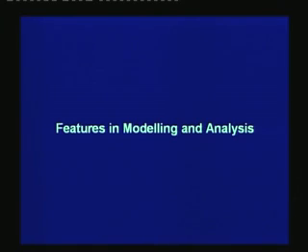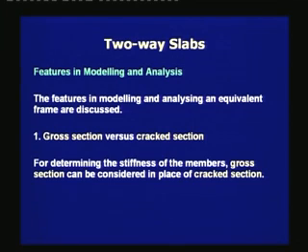Next, we are describing some features in modeling and analysis of an equivalent frame. First, the gross cross section versus cracked section. The difficulty in analyzing a reinforced concrete structure is that the sections may become cracked if the load exceeds the service loads.